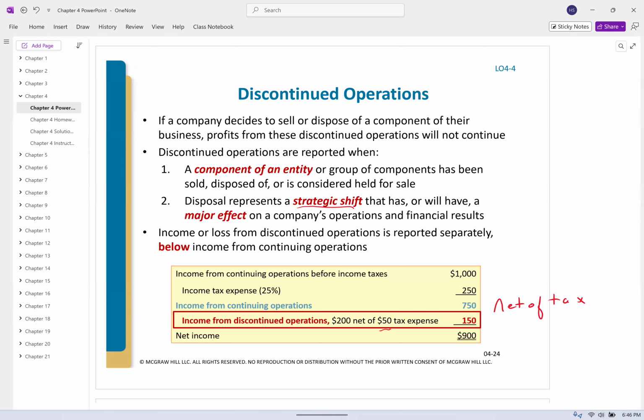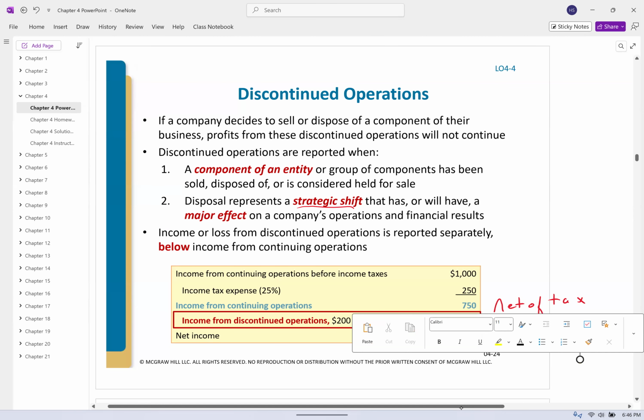Okay. It didn't come before this line. It's below our income from continuing operations after taxes. So this line item here is net of tax. They told us it was 25%. So we will have, I'm sorry, $50 tax expense.